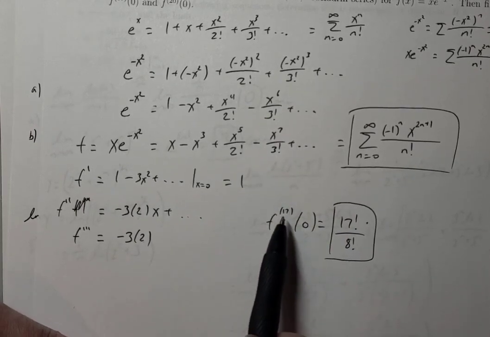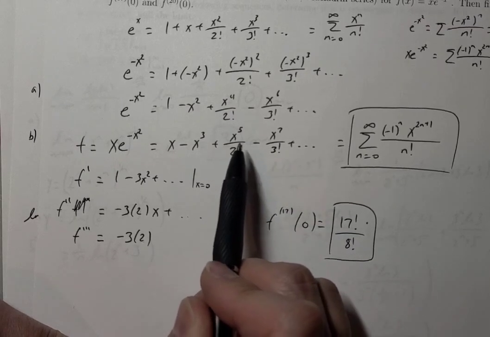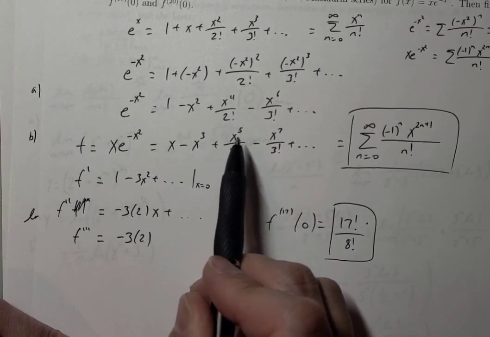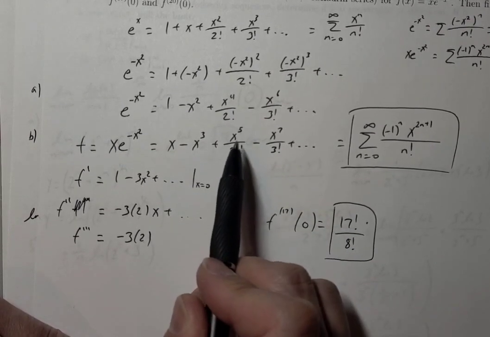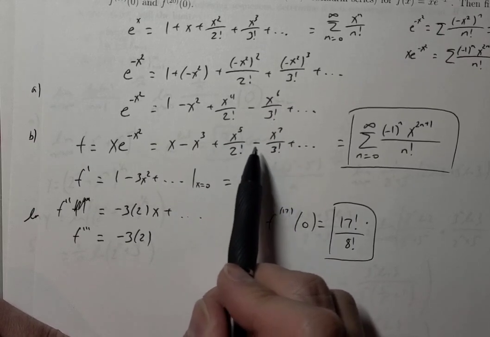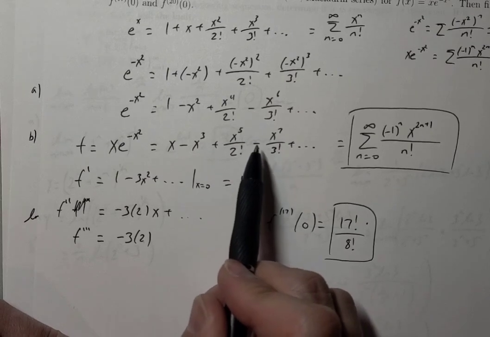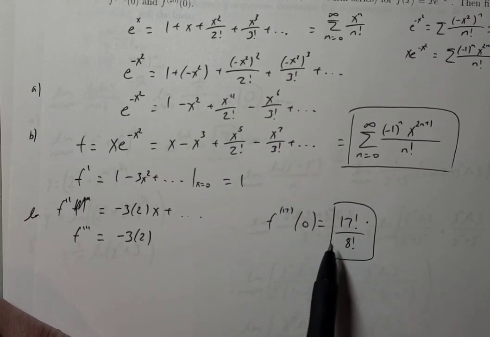So similarly, 17th derivative, it'll be 17 factorial. But we still have to consider what was out in front already of the x to the 17th term. Like in this case, x to the 5th, we had to take the half, or if we took the 7th derivative, we need to take 1/6, because 3 factorial is 6, so when we have this minus sign, so we need to take the 1/6.